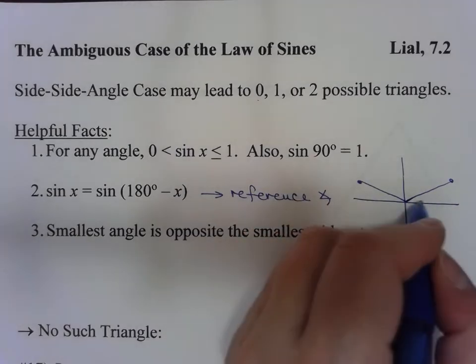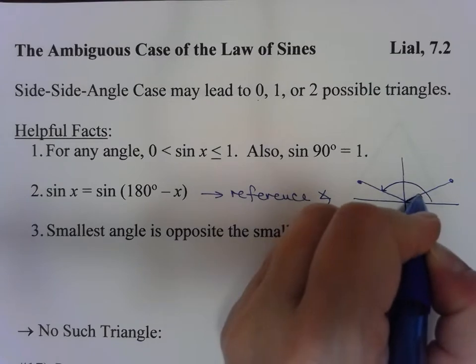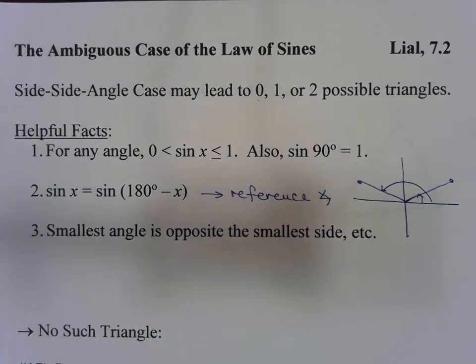So this angle and the angle that goes all the way to here have the same sine value. So we might want to consider that. That might lead us to having 2 possible triangles, so we do need to think about that.